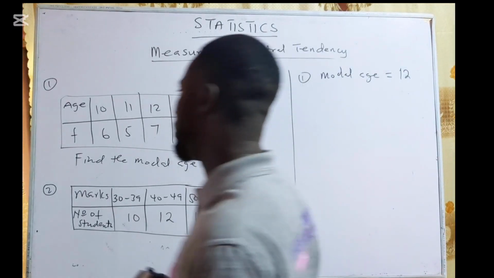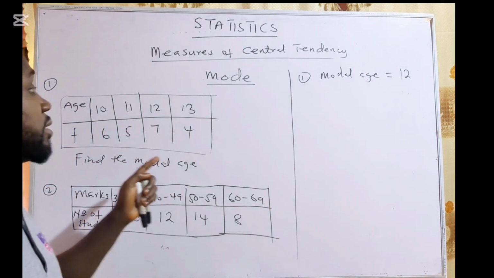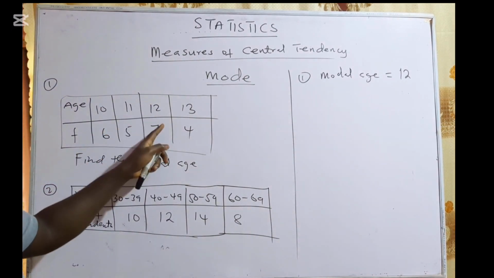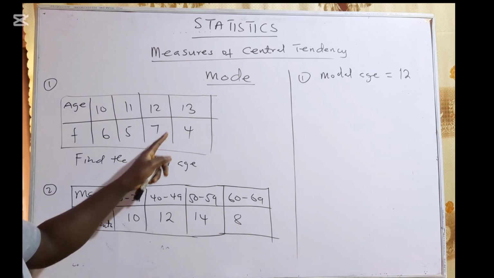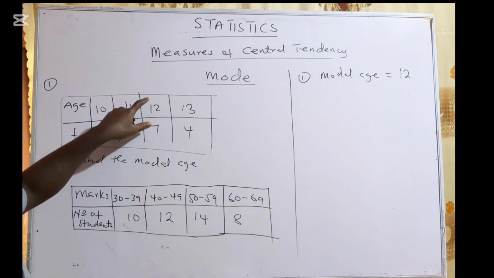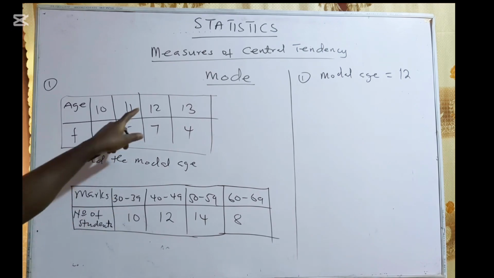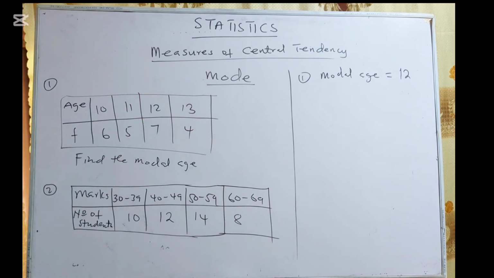Take note that when you are given the frequency table, the frequency tells us how many times the number occurs. So 12 is occurring 7 times. The modal age is not 7. It is 12, because the age is 12, but 12 is appearing 7 times. So my modal age is 12.